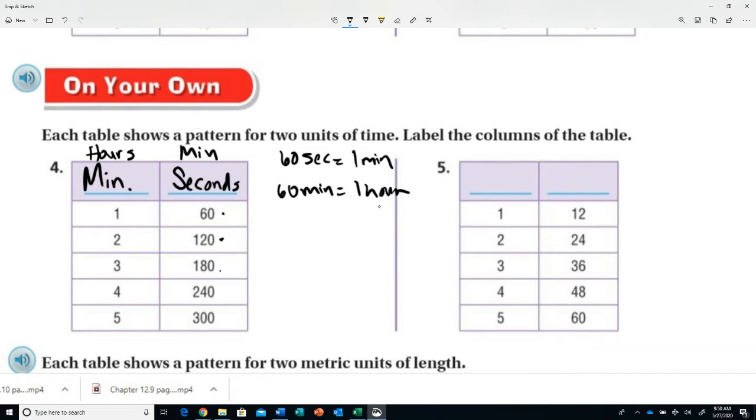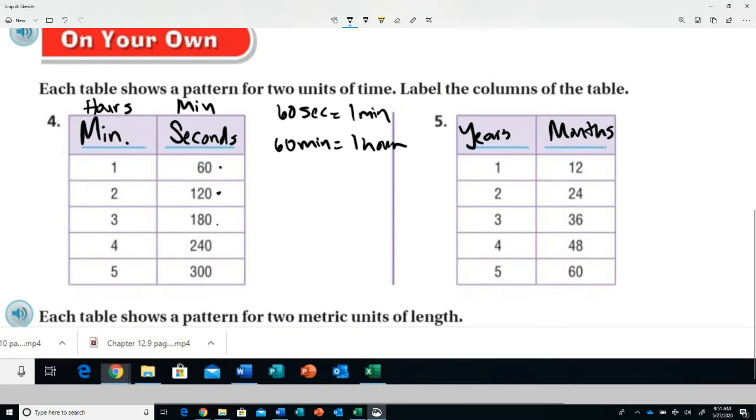So 12 months, 1 year. 24 months, 2 years. So this one is going to be years and months. Ta-da! Not too bad.